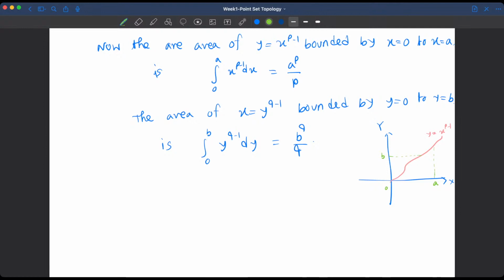So the total area: this part is a^p/p, this integration, and this other integration will represent this part, b^q/q. So if I add a^p/p plus b^q/q, this represents the total area.